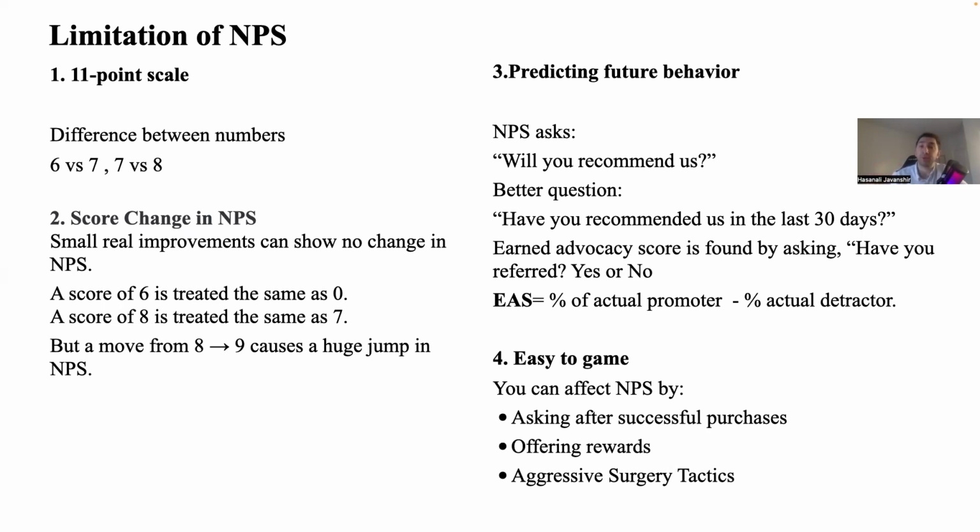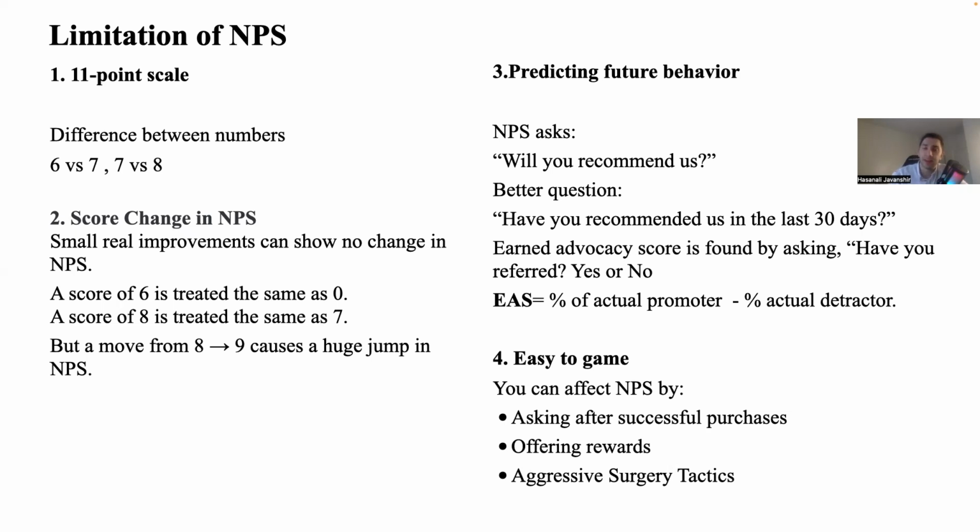And it could also have a very negative impact, because sometimes companies send this survey question a lot of times for the customers to complete, and it can be seen as aggressive and can negatively affect the survey results.